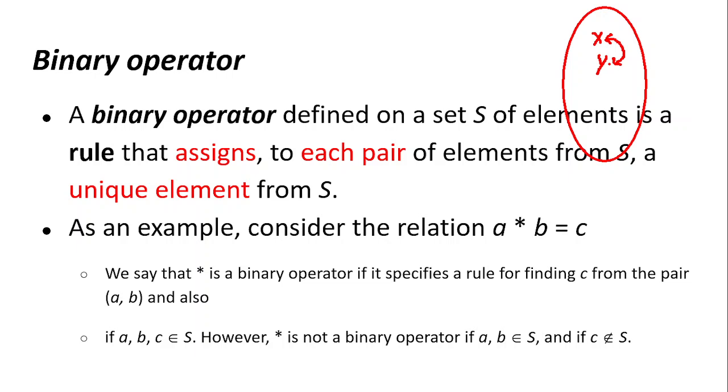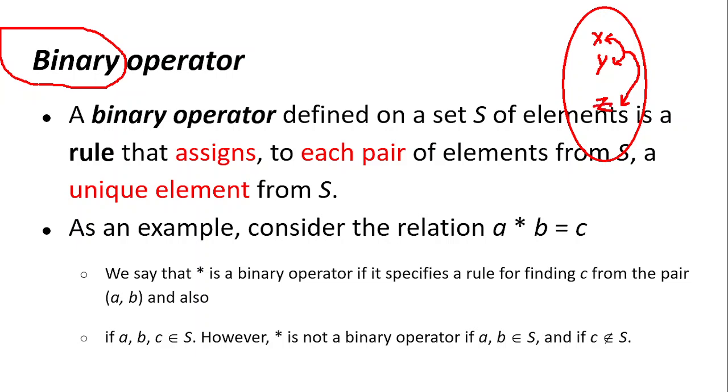It could be ternary if you have 3 elements, unary if you have 1 element. Now we are talking about binary, that's why we need 2 elements. Take 2 elements and apply a binary operator, any binary operator, and what must be the result? The result must be an element that belongs to this set. So that's what is required.